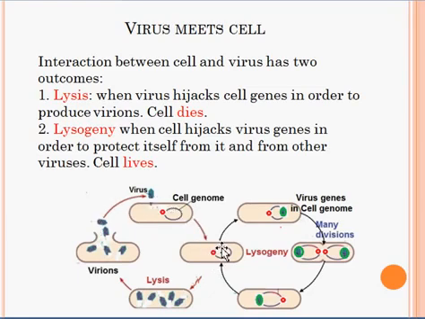But occasionally the same cell may hijack or incorporate viral genes for protecting itself from other viruses. So it's not a lysis, it's called lysogeny, and the viral genes in this genome prevent similar viruses to enter the cell. So it's a kind of protection, and this protection is inherited by the clone of these infected or lysogenic cells.